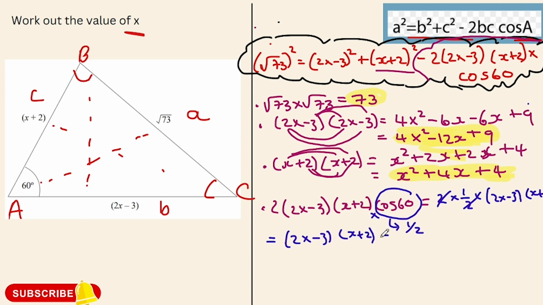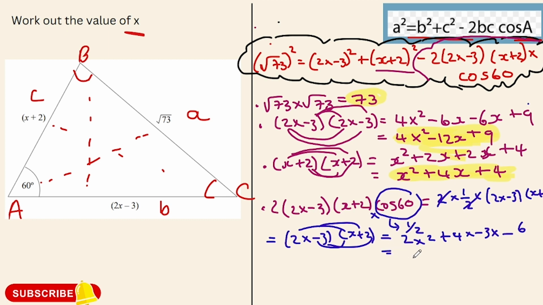And if I expand that, I would get 2x squared plus 4x minus 3x and minus 6.